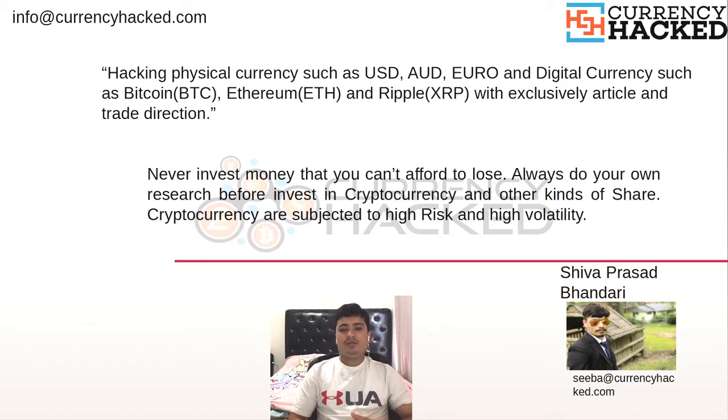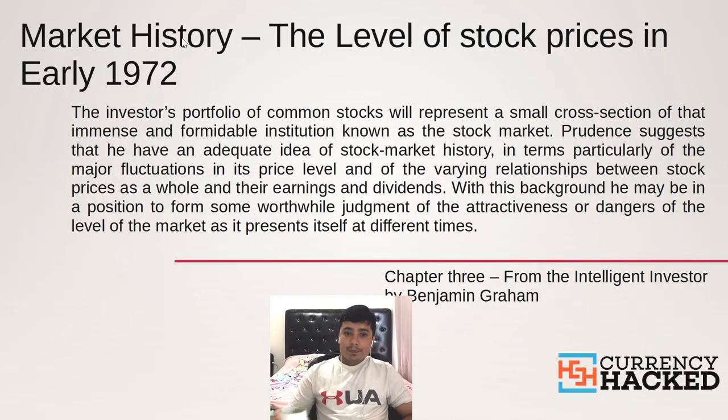So let me go to another slide. Market history, the level of stock prices in early 1972. In this video, most of the time I'm going to talk about the American market, the DJIA and the S&P 500, and this video might also help you in the Australian market or some other market, because it doesn't matter whether you are living in Australia, Europe, or Asia.